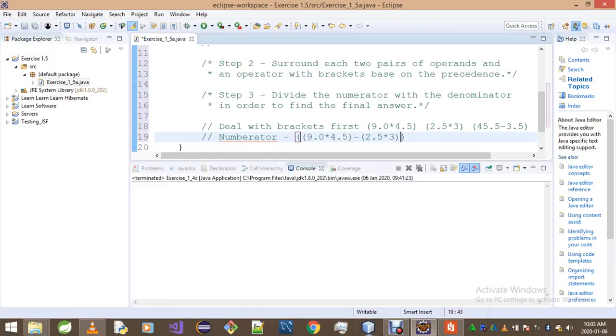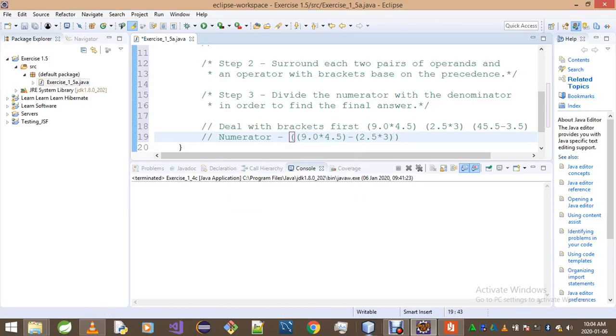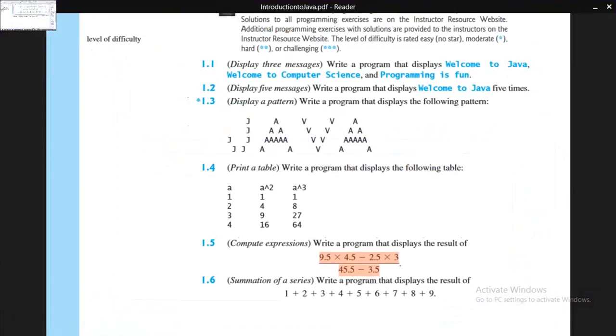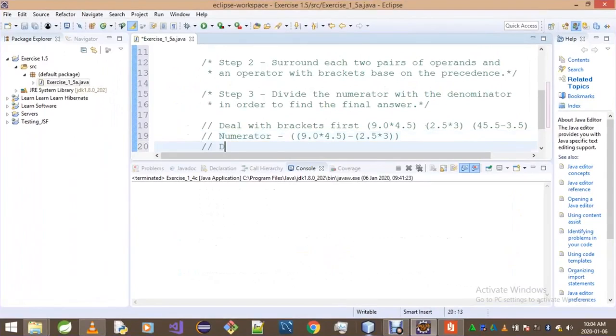We put the whole thing inside the brackets. We're done with the numerator. Now we've got to deal with the denominator. Denominator. Simply put, this is our denominator.